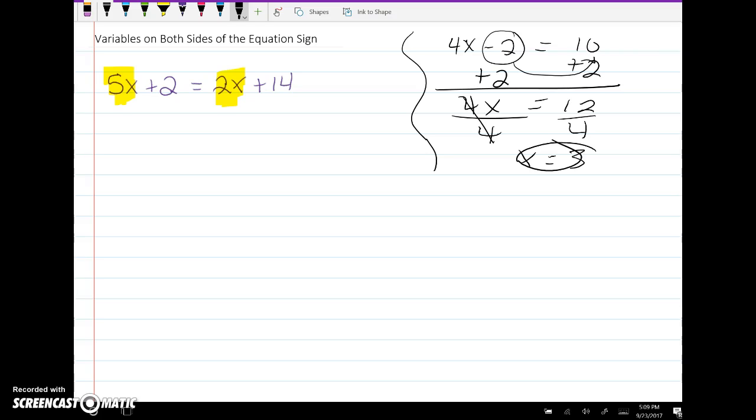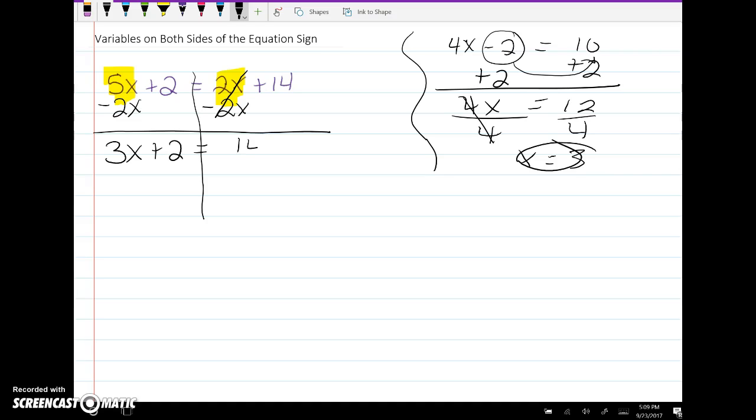So I'm going to start by subtracting 2x from both sides of the equal sign. If you want, you can draw a little line down the equal sign so you can keep everything nice and organized. My 2x's cancel out. 5x minus 2x is 3x plus 2 equals 14.